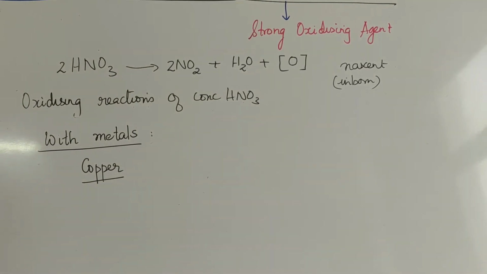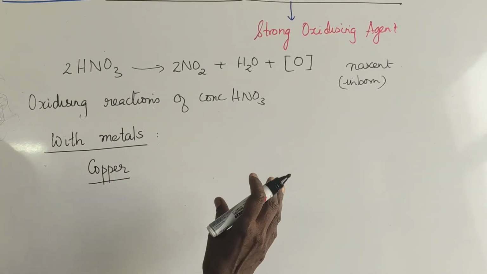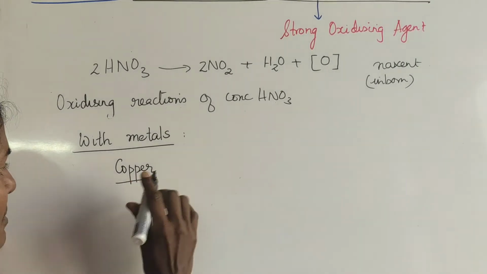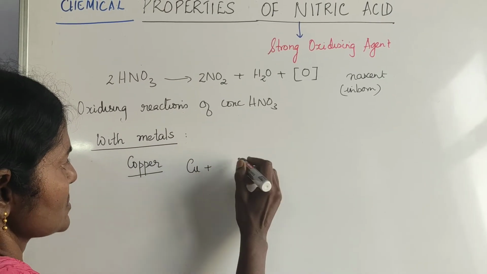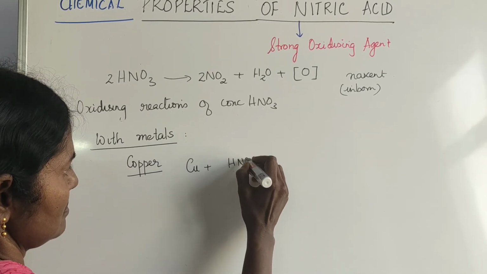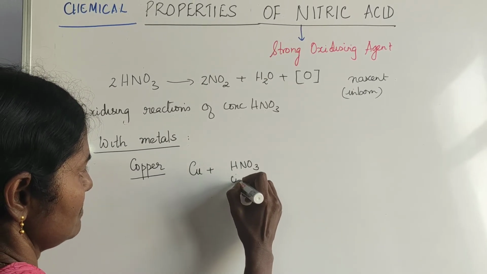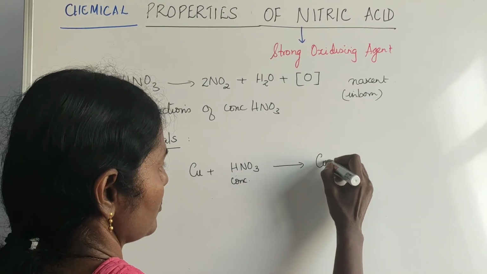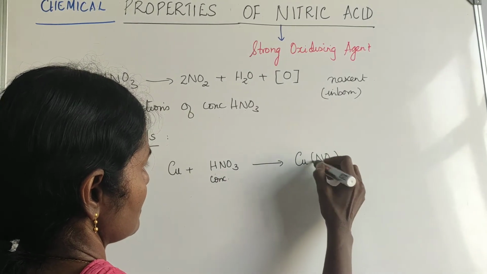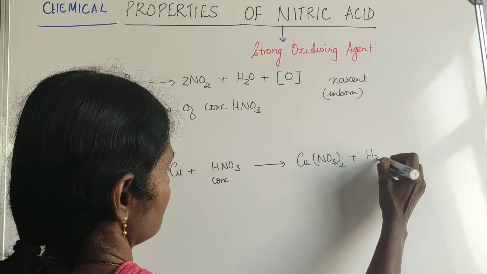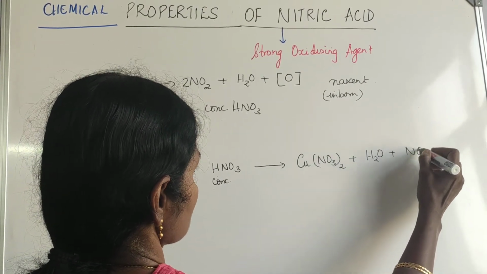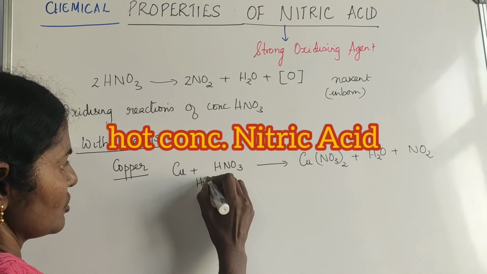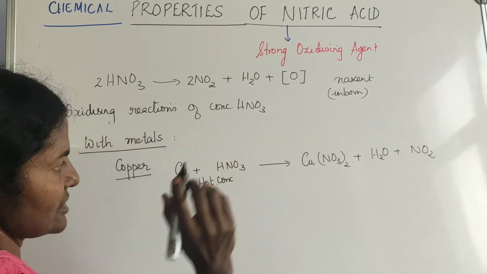Now the one metal that we have in our syllabus is copper. Nitric acid can reduce to two different oxides based on its concentration. The first one is copper reacting with concentrated nitric acid to give copper nitrate plus water plus nitrogen dioxide. In this, it is hot concentrated nitric acid.